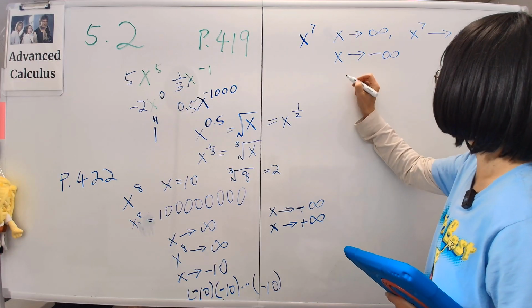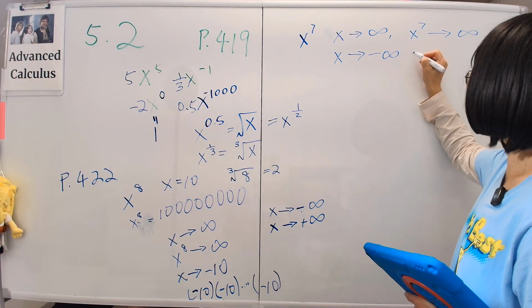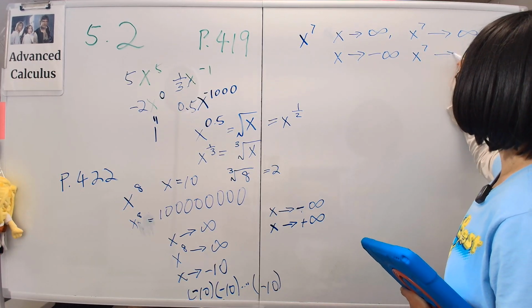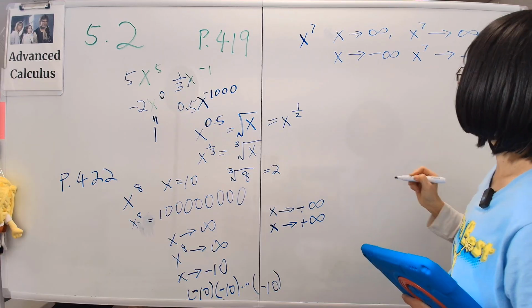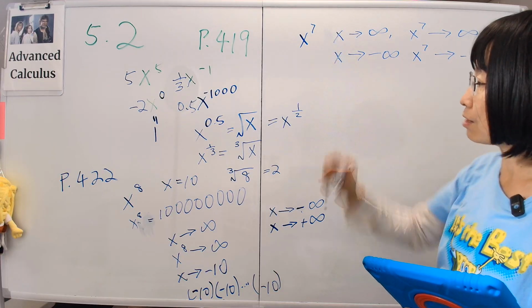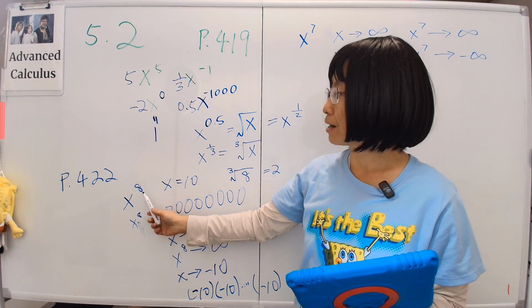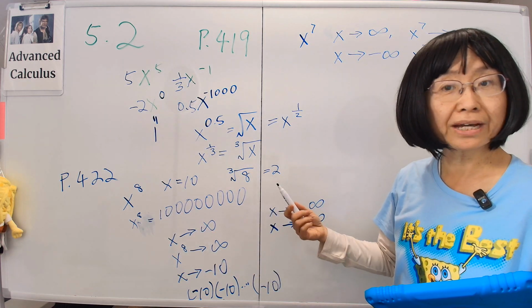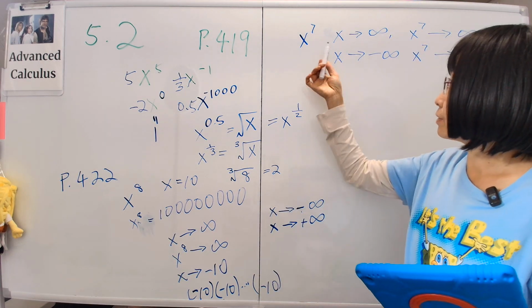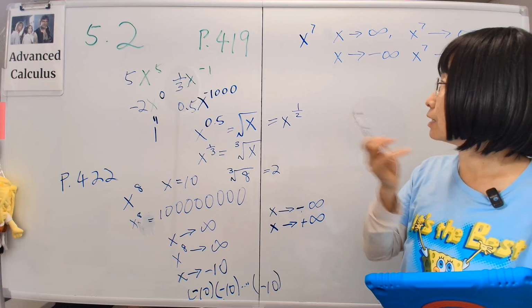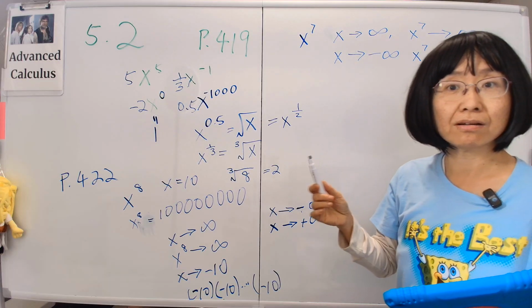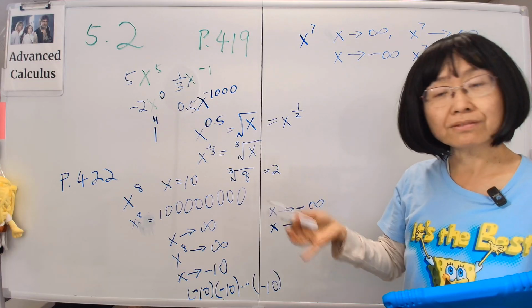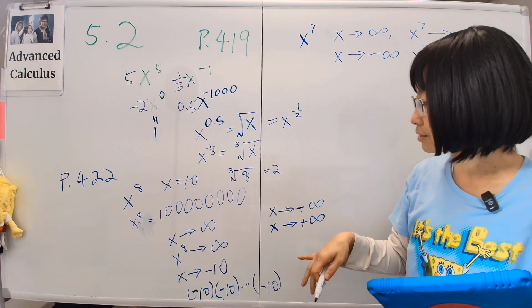As a result, as x goes to negative infinity, x to the power 7 will also go to negative infinity. That's for the odd powers. In general, when the power is even, it goes to positive infinity either way. Whereas if the power is odd, it goes to positive infinity if x is positive, and goes to negative infinity when x is negative.